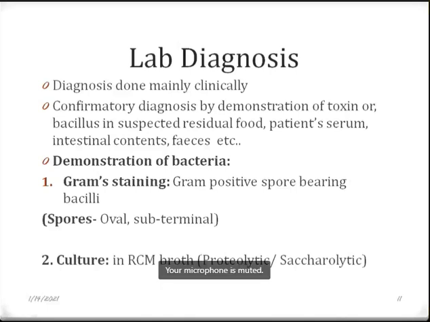Other, we can perform culture of Clostridium botulinum. It can be done in Robertson's cooked meat media, the RCM broth that you have seen. Types A, B, E, and F, these four types of Clostridium botulinum cause human botulism.